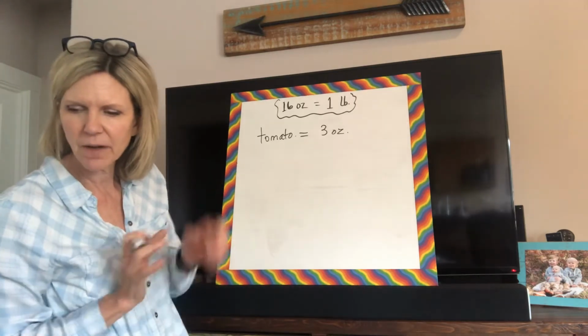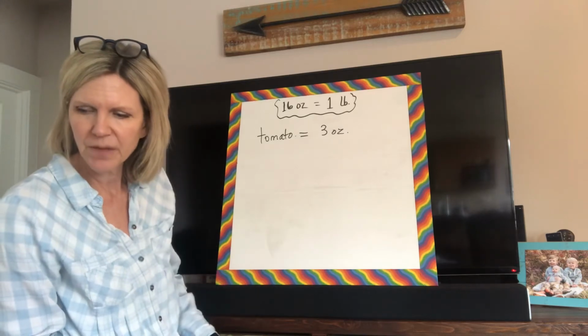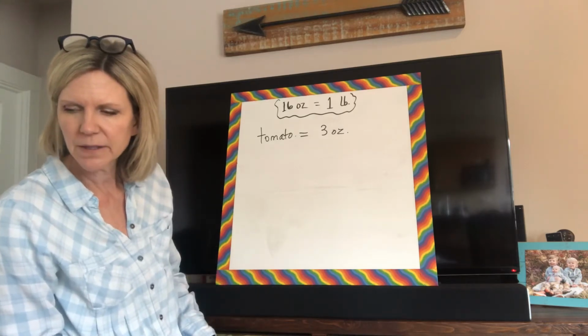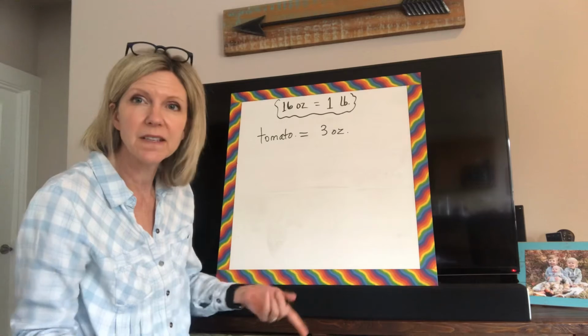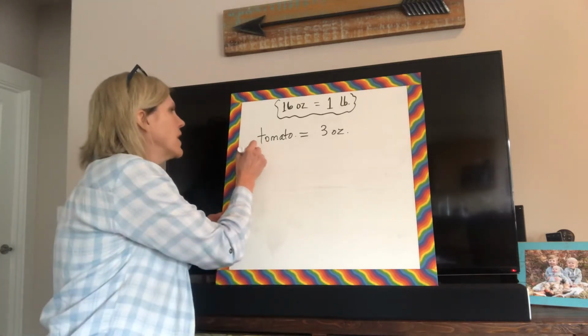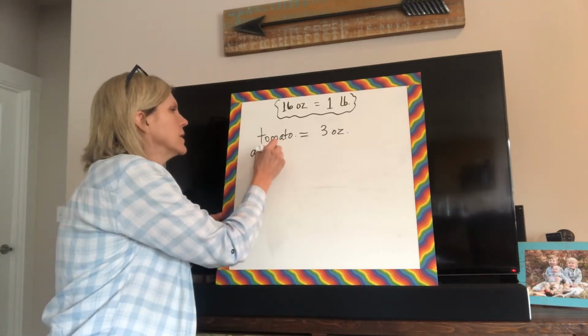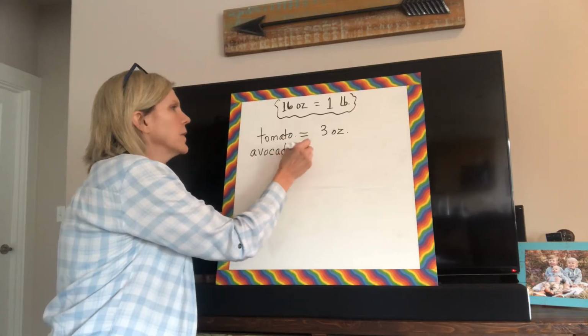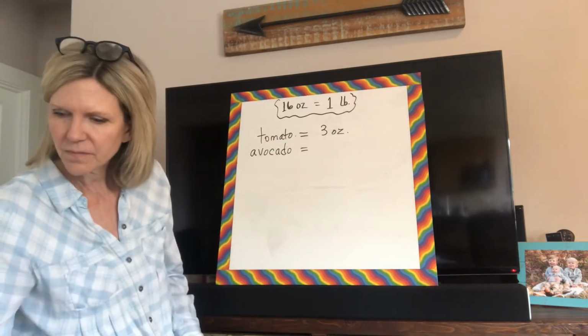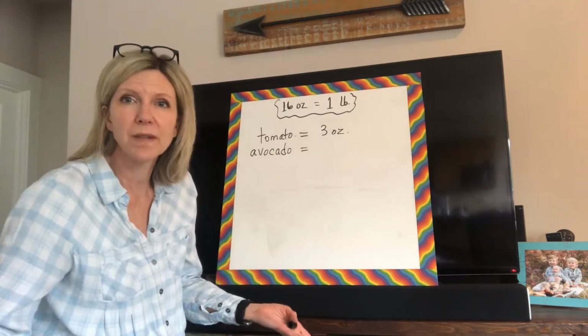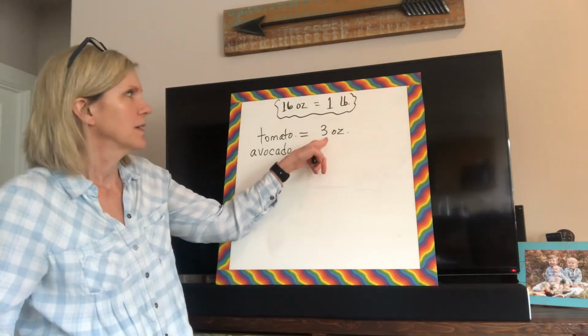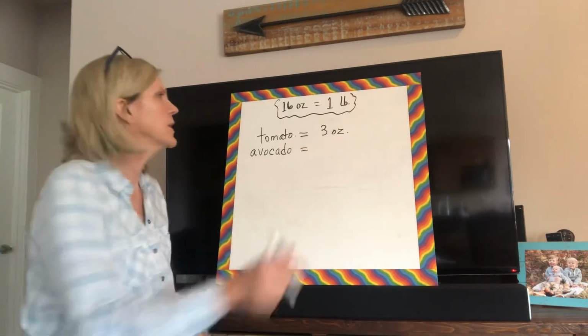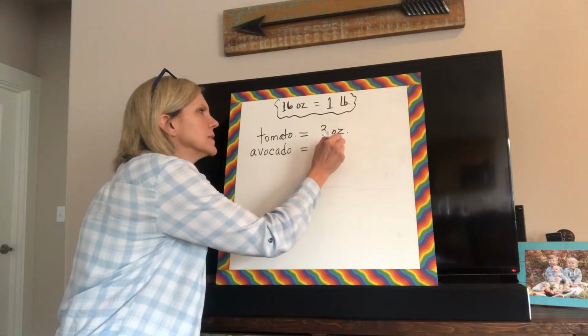And then we have an avocado, and it says the avocado weighs 4 ounces more than the tomato. So how much would it weigh? Well, it weighs 4 ounces more than the tomato, so it's going to weigh 7 ounces.